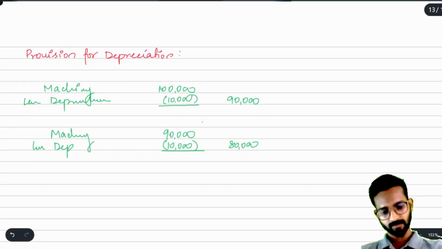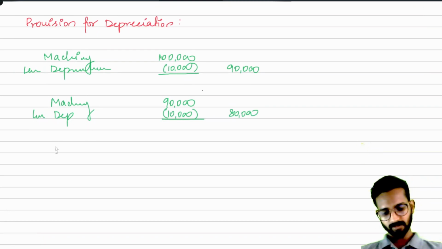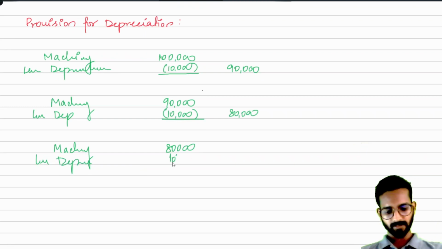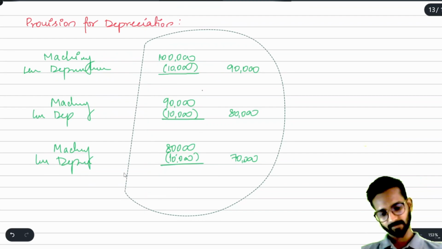Then we are still in the straight line method only. After this, suppose the third year comes. So in the third year again machinery 80,000 less depreciation 10,000, it will show 70,000. What I want to tell you, please focus.